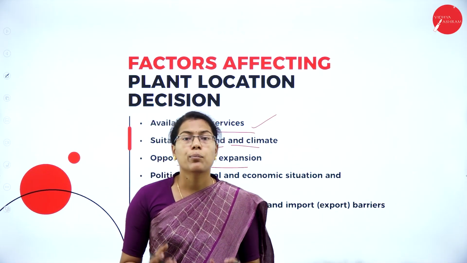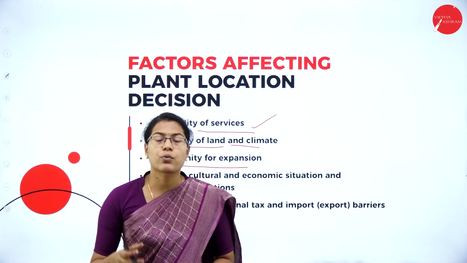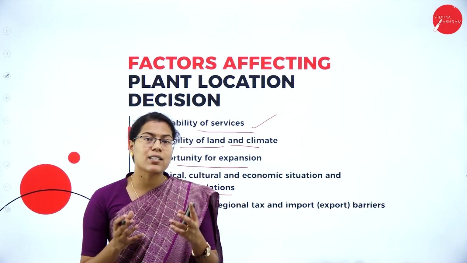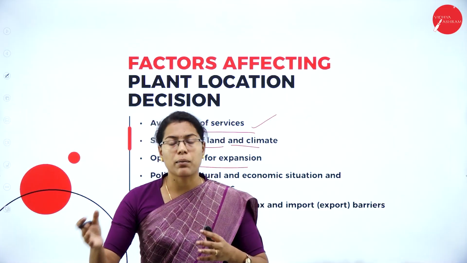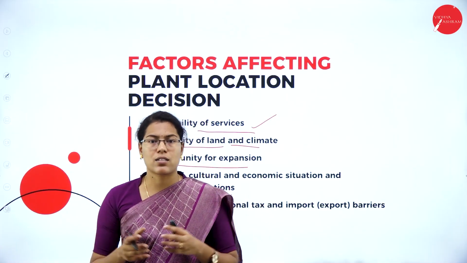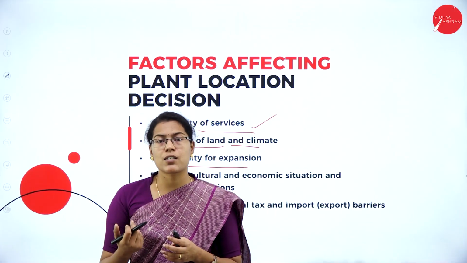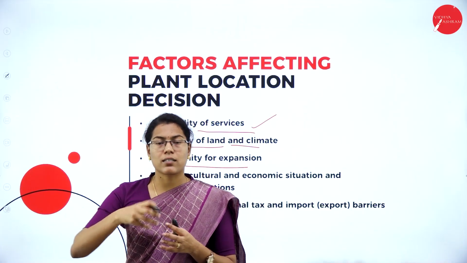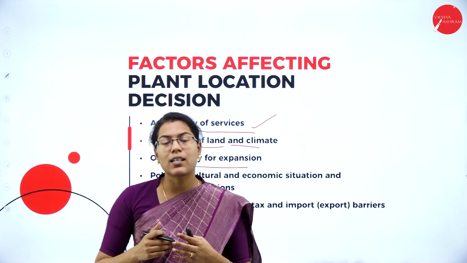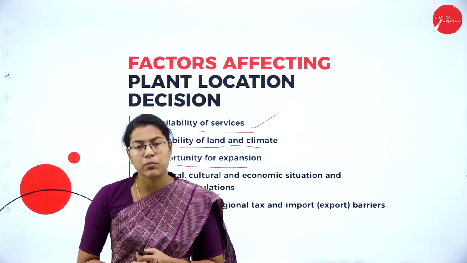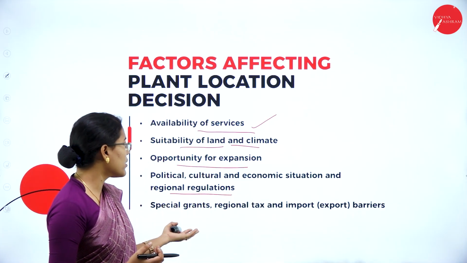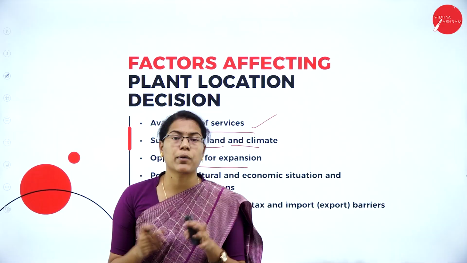Political stability is also important, which affects plant location, because a plant is located for the longer term. The investment made in a manufacturing industry will be large. So the company always wishes to continue its business for a longer period of time, so it is important to look at the political as well as cultural and economic situation in that particular area.